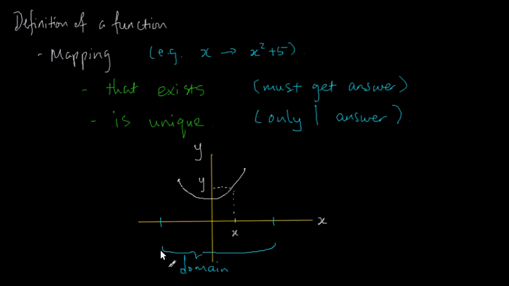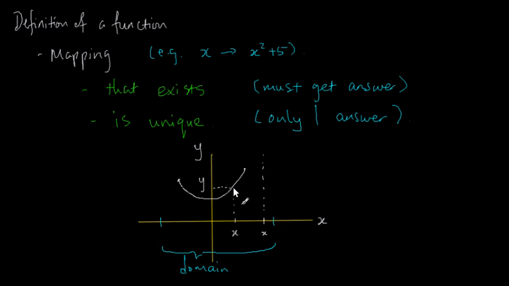So if I define my domain to be from here to here, then what if x is here instead? If x is here, there's no graph above it, so we can't find y. We can't find the corresponding y.